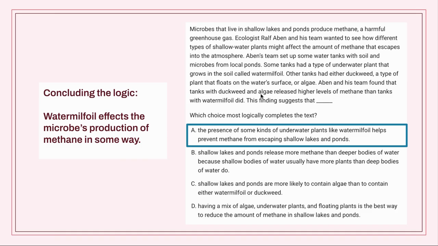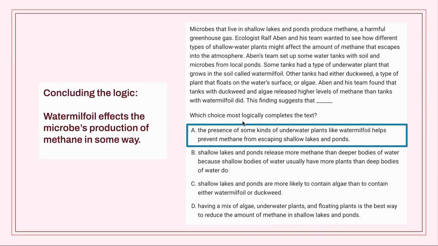So our overall conclusion should be something that emphasizes how water milfoil decreases methane, right? And also, this seems wrong to me, if duckweed and algae release higher levels of methane, and it does say here that duckweed is a floating plant, I don't think that the floating plants or the algae should be in the mix at all. Maybe we should just have that water milfoil stuff. So I don't really see where they're getting this from.